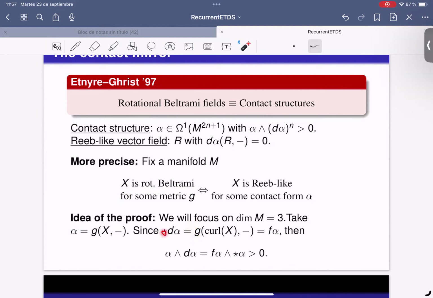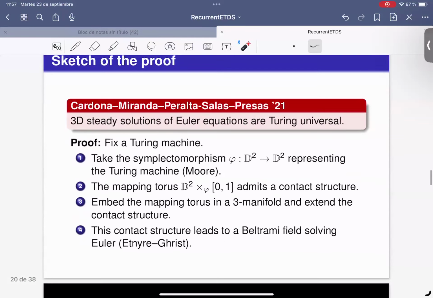So you get that star d alpha is some positive factor times alpha. And then if you compute the contact condition in dimension 3, that is n equal 1, what you get is alpha wedge the Hodge star of alpha, which is positive, multiplied by this factor that is positive. So alpha defines a contact structure. And the reciprocal is kind of similar. And then you are done.